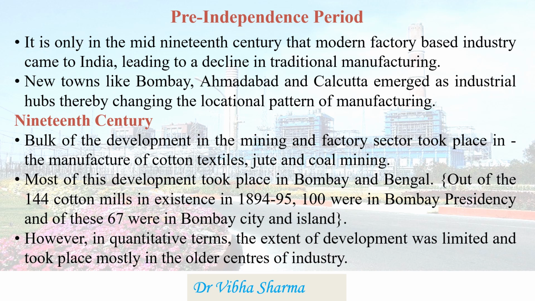Out of the 144 cotton mills in existence in 1894-95, 100 were in Bombay Presidency, and of these, 67 were in Bombay City and Island. However, in quantitative terms, the extent of development was limited and took place mostly in the older centers of the industry.